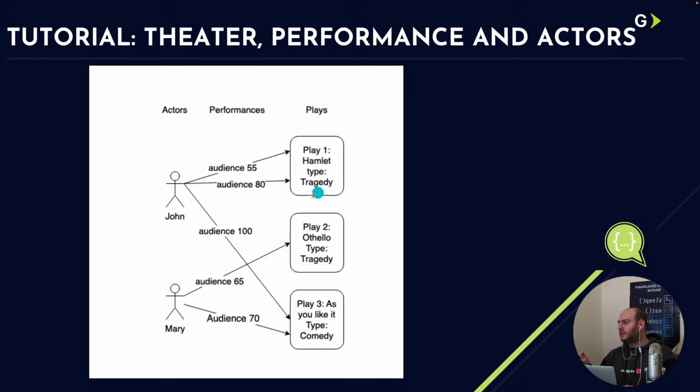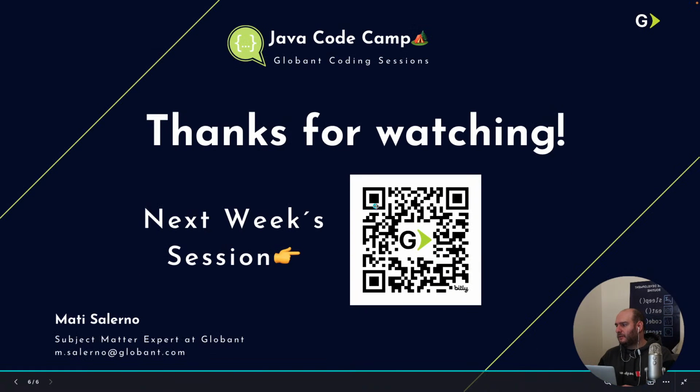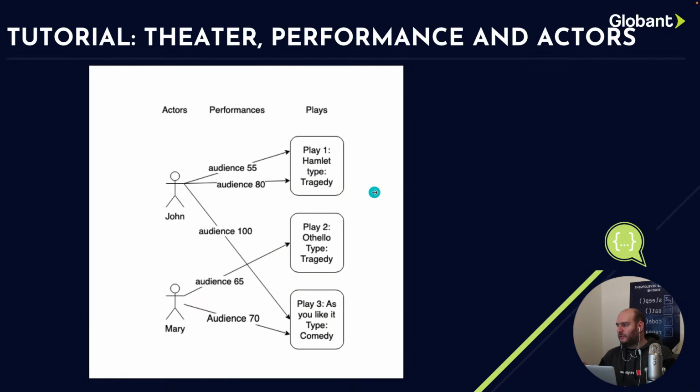Also, depending on the type of the play, they will be paid more or less. So this play is a tragedy, which pays with a different formula than this one, which is a comedy, right? So that is basically our tutorial.